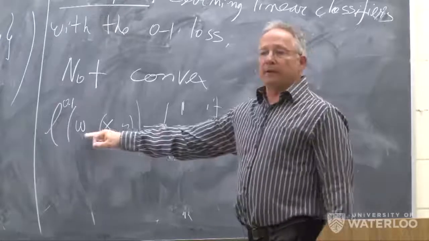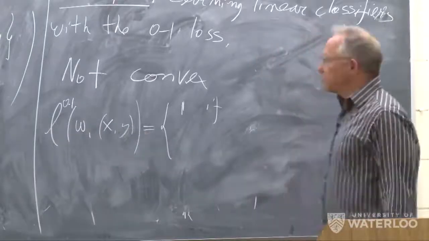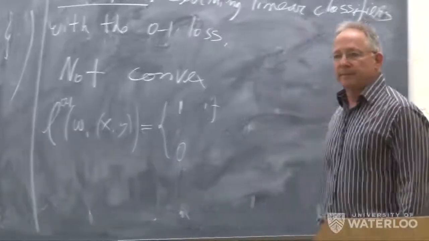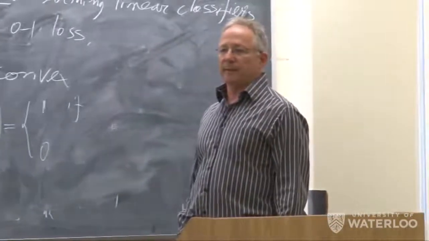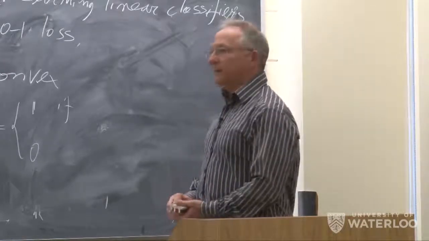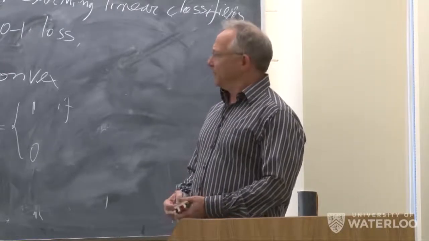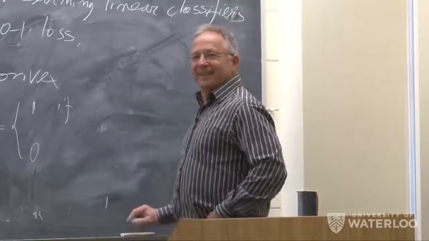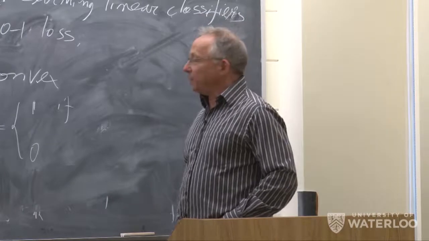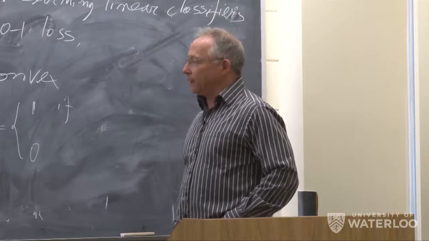So what was the loss here when I did linear classification? When did I have 1 and when did I have 0? 1 if h_w of x is not equal to y. But what is h_w of x?